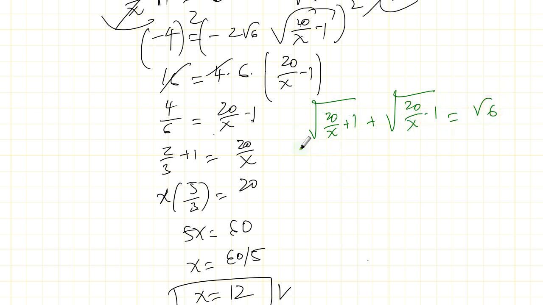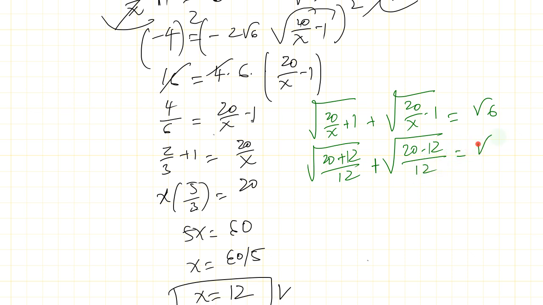Let's write the complete one here: the square root of 20 plus 12 over 12, plus the square root of 20 minus 12 over 12, equals the square root of 6.